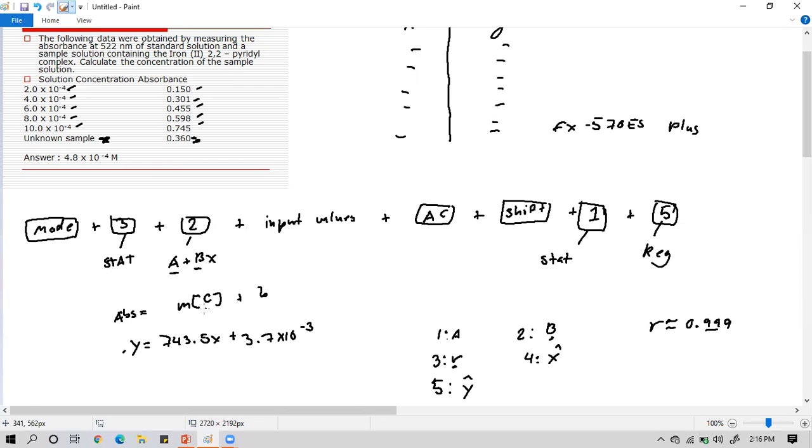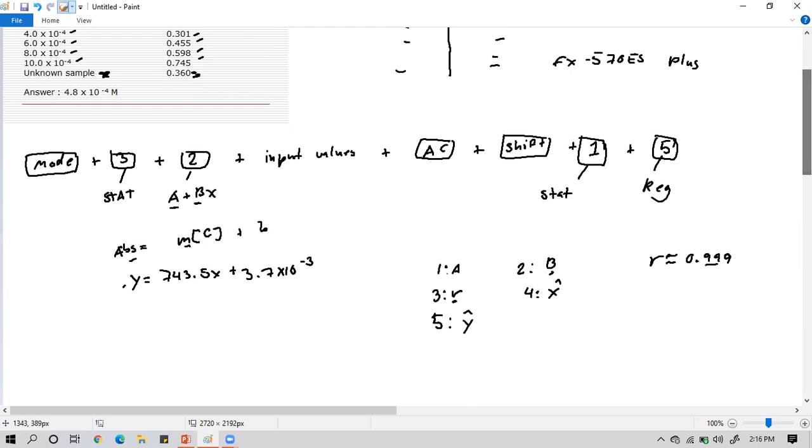And then, given dito yung absorbance, we will get the concentration. So, paano ba mangyari dyan? Okay? Let's just isolate X natin. So, let's isolate X. That is Y minus 3.7 times 10 raised to negative 3, kasi kapag tinranspose siya ay negative, all over 743.5. So, what is the value of Y natin?